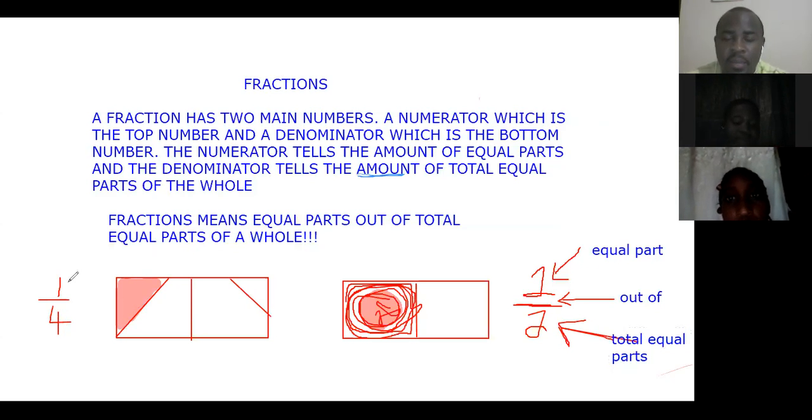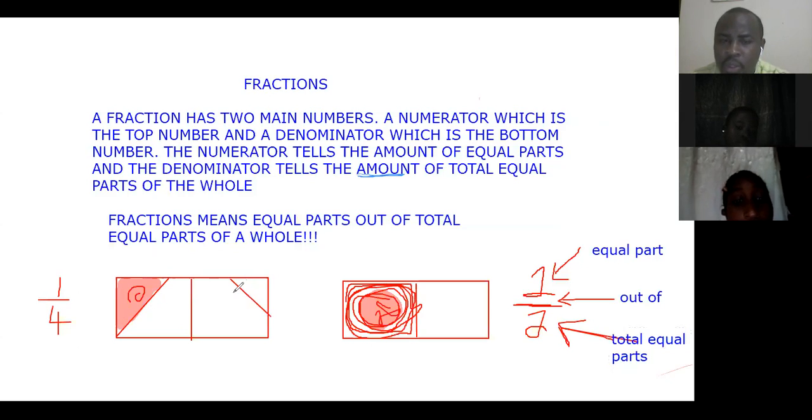That's all it means? And there are 4 on that. There are 4 sections, the total equal parts are 4. But you already said 4 total equal parts. Are these parts equal, Zaria? No, sir. So is this 1 that we shade 1 equal part out of 4 total equal parts of the whole?